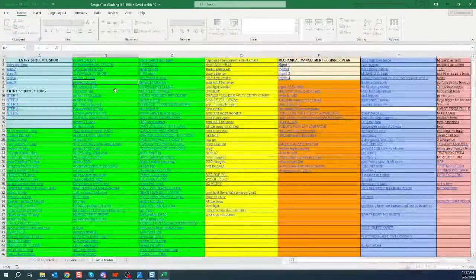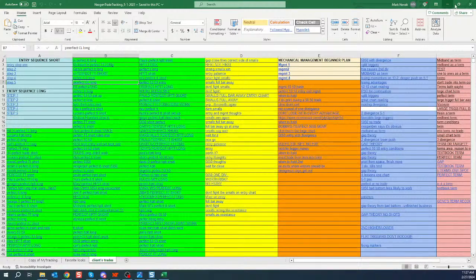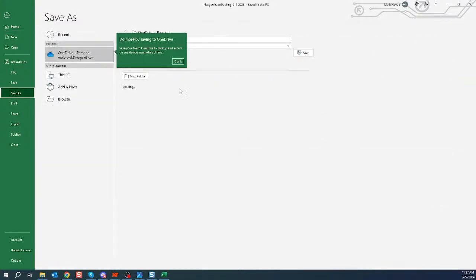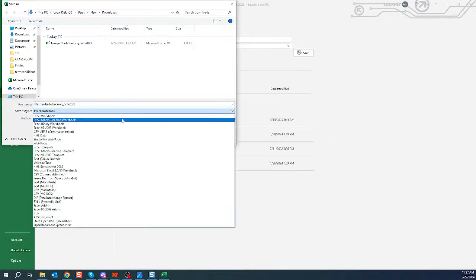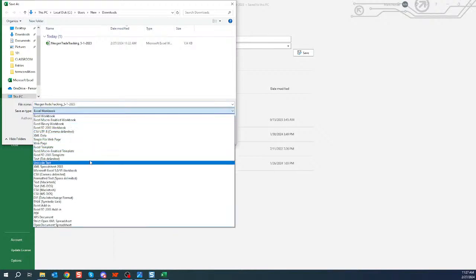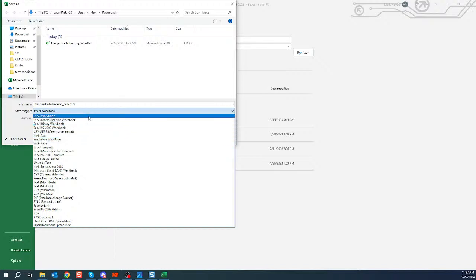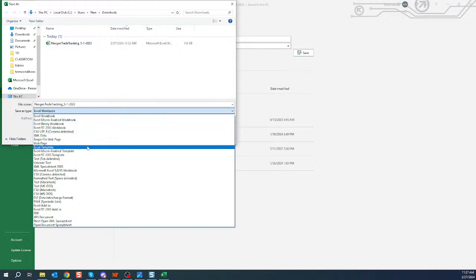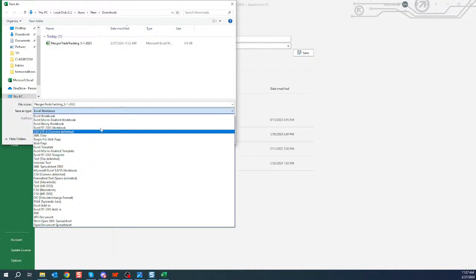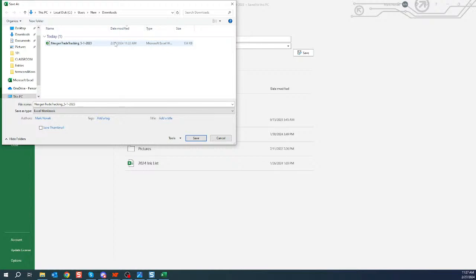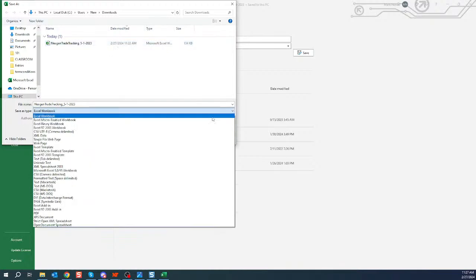No, I do worry because I want you to be where you're at, because that was kind of the whole beginning of where I was going. So if I go File, Save As, and Browse, I want to see something. Excel Workbook, does it give you the drop-down menu? No, don't ever be sorry. This is what we do. So when you go to save it, does it give you the drop-down menu here to pick Excel Workbook?